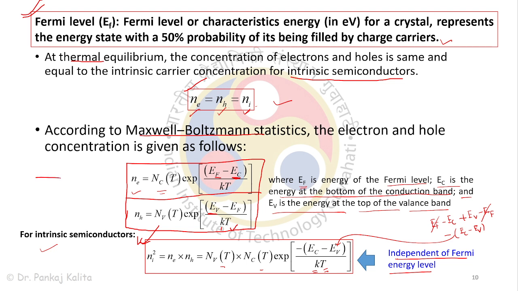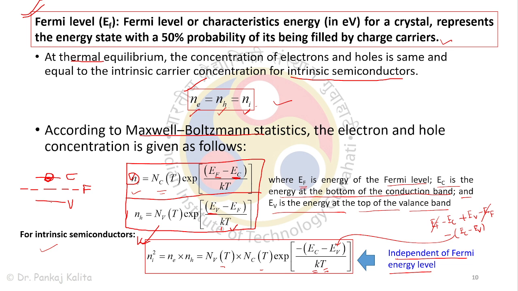This is your conduction band and this is your valence band, and this is your Fermi level, with a 50% probability that it might be filled by a charge carrier. If you are talking about the concentration of electrons, it will be (EF minus EC) by KT.